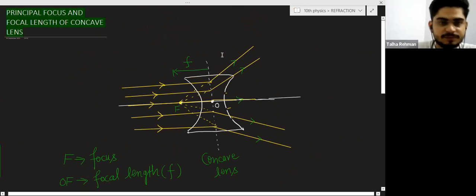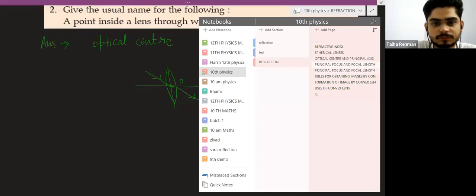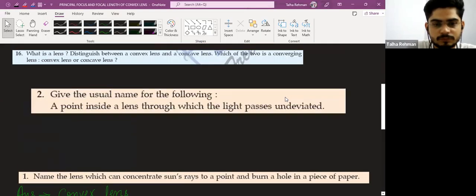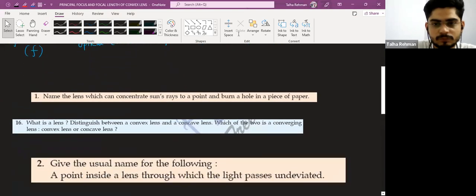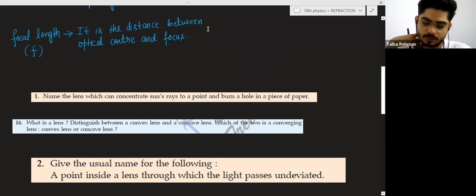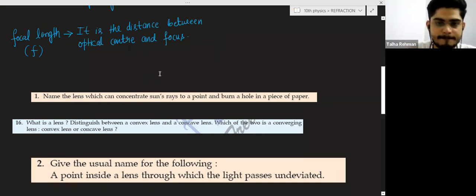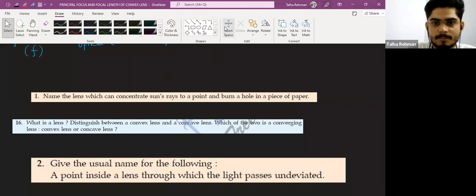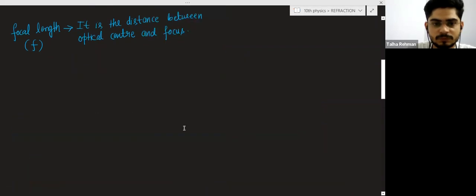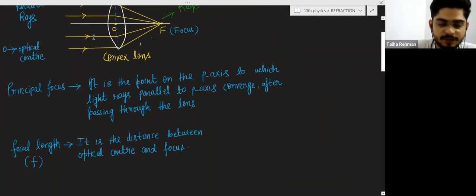Just add one point on the principal focus and the focal length of the convex lens. Add one point here.